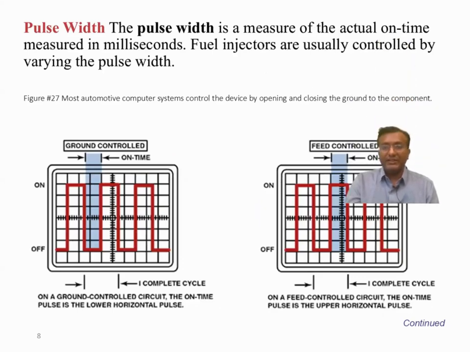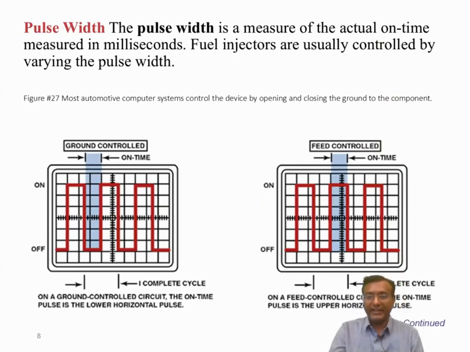Now, as already discussed, we can see in these diagrams on time ground control and on time feed control mechanisms, which are basically used in our automobiles.